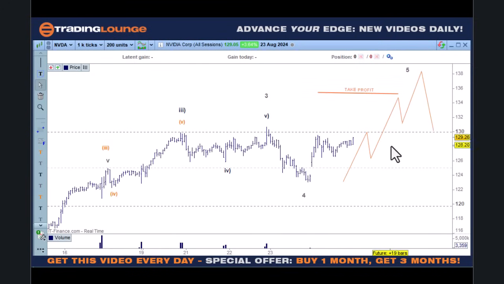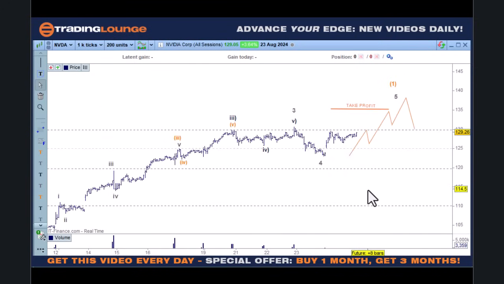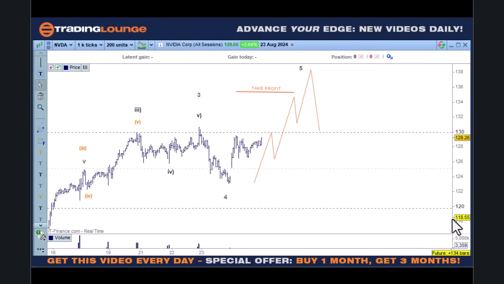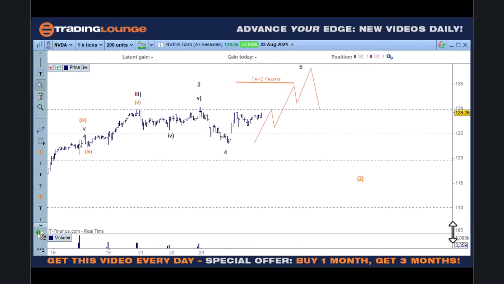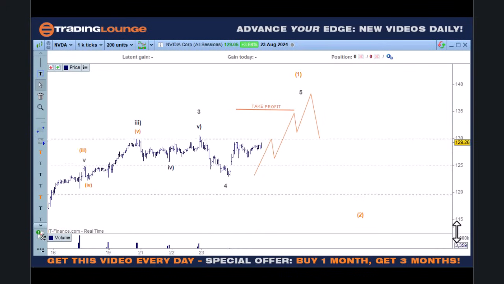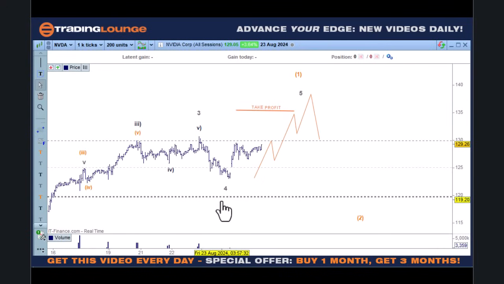So this is the top of minor group 1 here, the 130 of 100 here. So 1, 2, and 3 make up minor group 1, and we're just really looking for 5 waves up here.